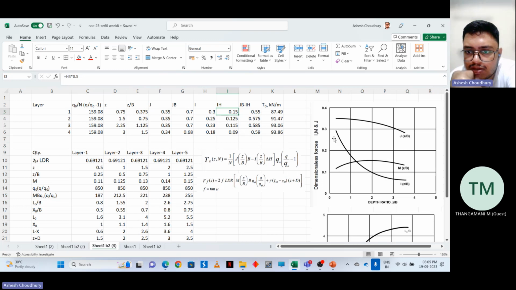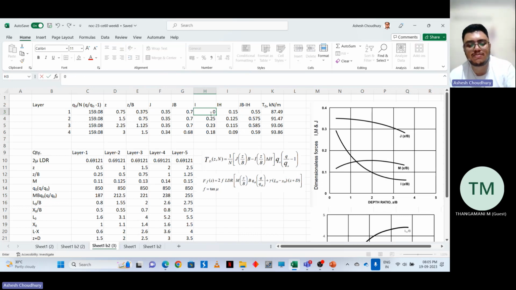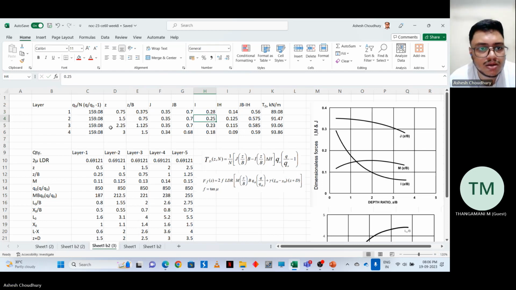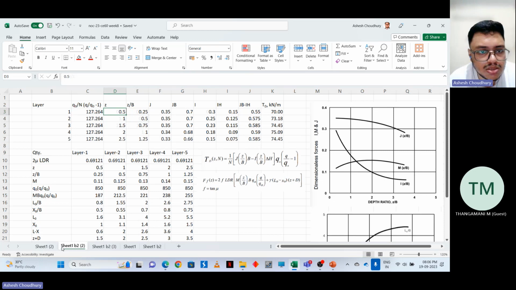This is a 0.25. Here, how much should we take? How much should we take? Say 0.28. Approximately, I'm taking. You just do it a little bit more carefully. 0.75, the point, how much? 0.75 into 0.23.